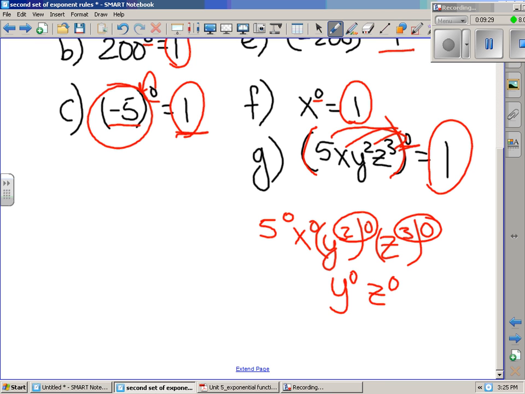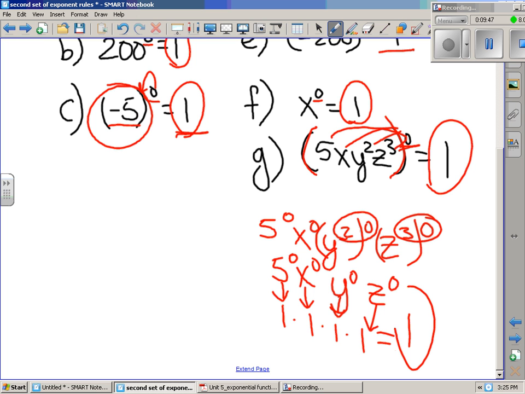What you're going to end up with is 5 to the 0th, which equals 1, x to the 0th, which equals 1, y to the 0th, which equals, guess what, 1, z to the 0th, which also equals 1. They all equal 1, so 1 times 1 times 1 equals 1.